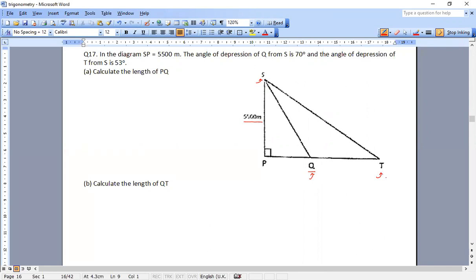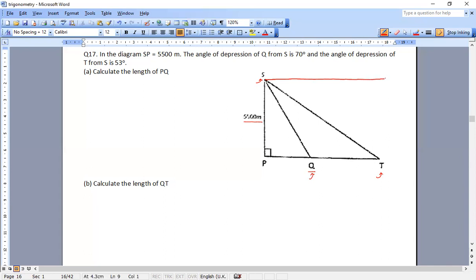Part A, calculate the length of PQ. First of all, let's talk about the angle of depression of Q and T from S. As we can see, they have mentioned the angle of depression from S. So first of all, we are going to draw a horizontal line at S like this.